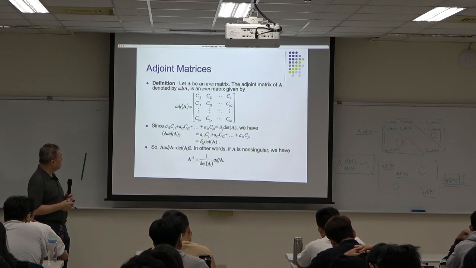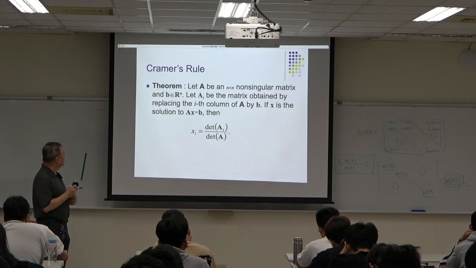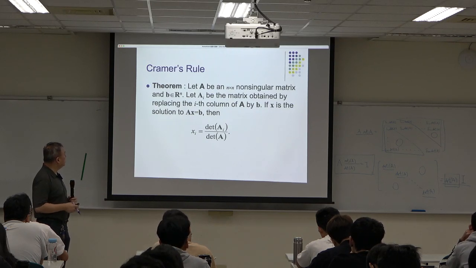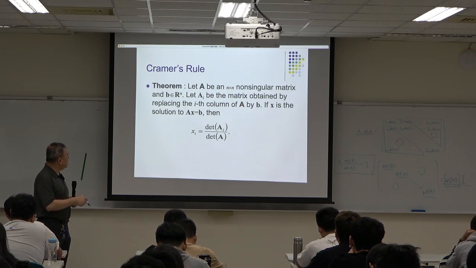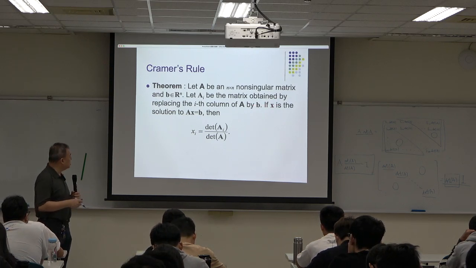Okay? So the last one, Cramer's rule. Let A be an n times n non-singular matrix. Also, we already know it's non-singular, okay?